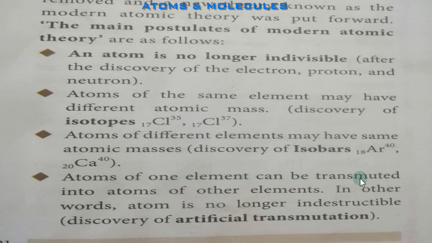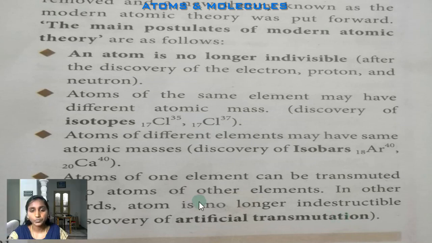One element can be transmuted into atom of another element. This is called artificial transmutation. This is a book-back question, so please underline it. This is how they will ask the question: atom of one element can be transmuted into atom of another element is called dash. What is that? Artificial transmutation. Have you understood this point?